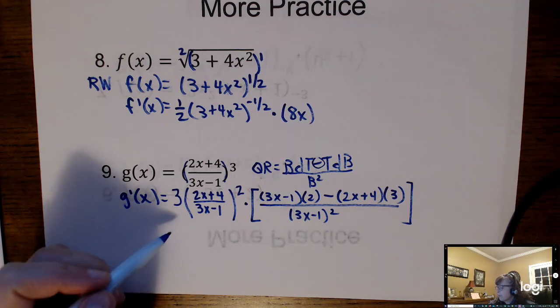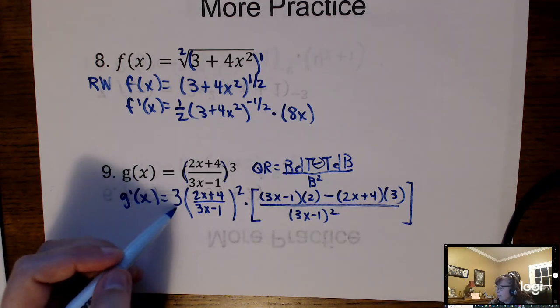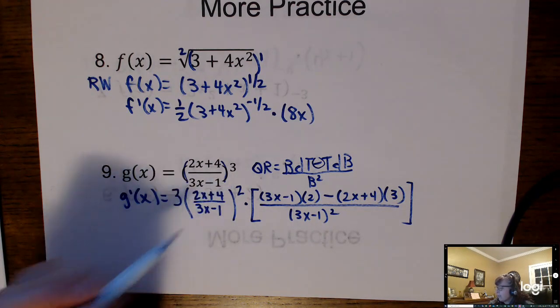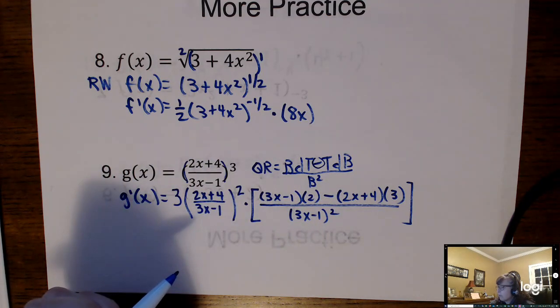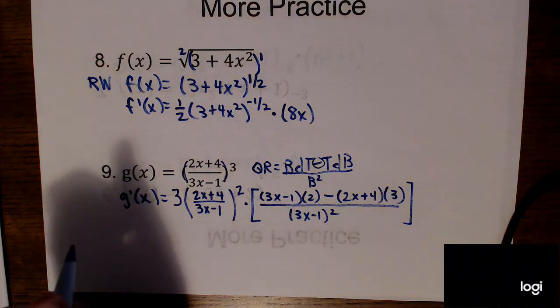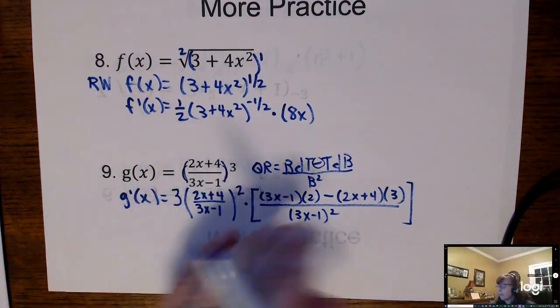So we have the derivative of the outside, 3 times the inside to the second power, times the derivative of the inside, which required the quotient rule. And you do not have to simplify. I don't want you to, really, because I can check it a lot easier, and so can you.